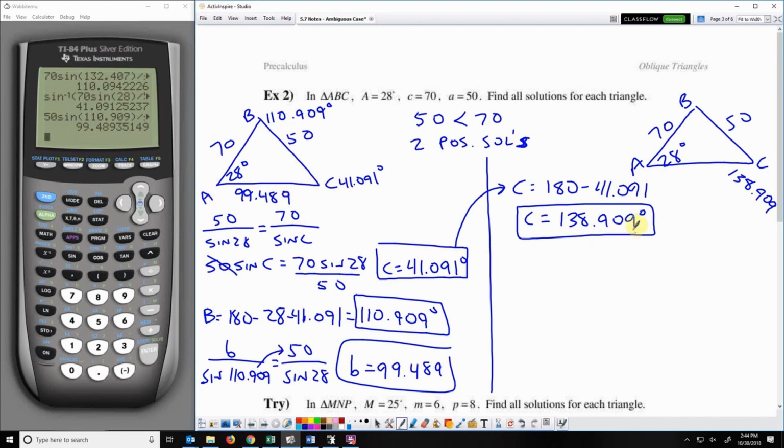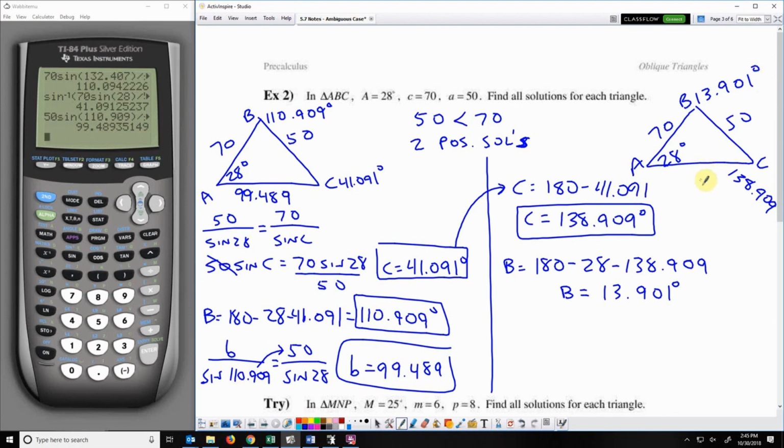Now over here, I found that the option for angle C is 138.909. So for angle B, I do 180 minus the two angles that I now know, 28 and 138.909. So when I subtract those two angles from 180, I find that angle B is 13.901 degrees.